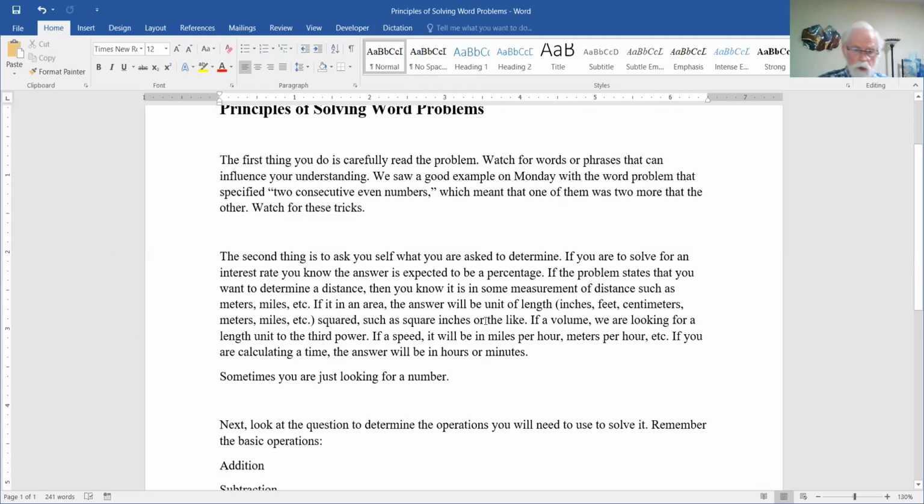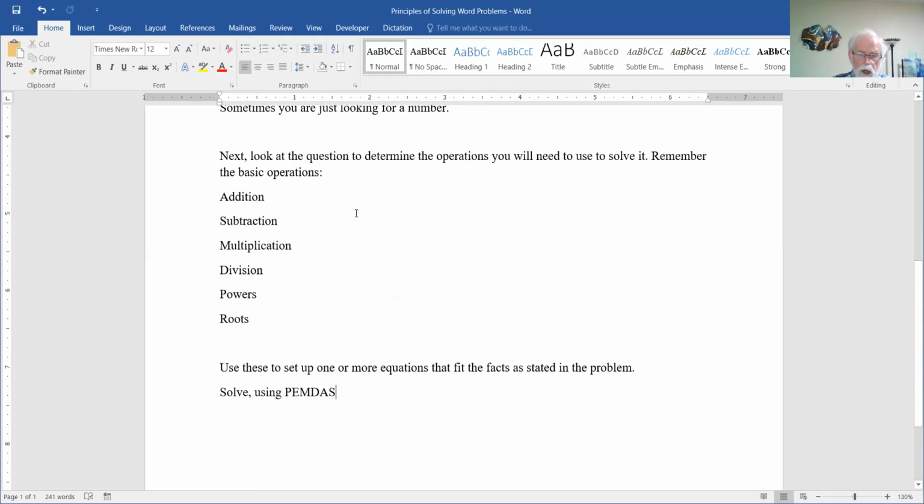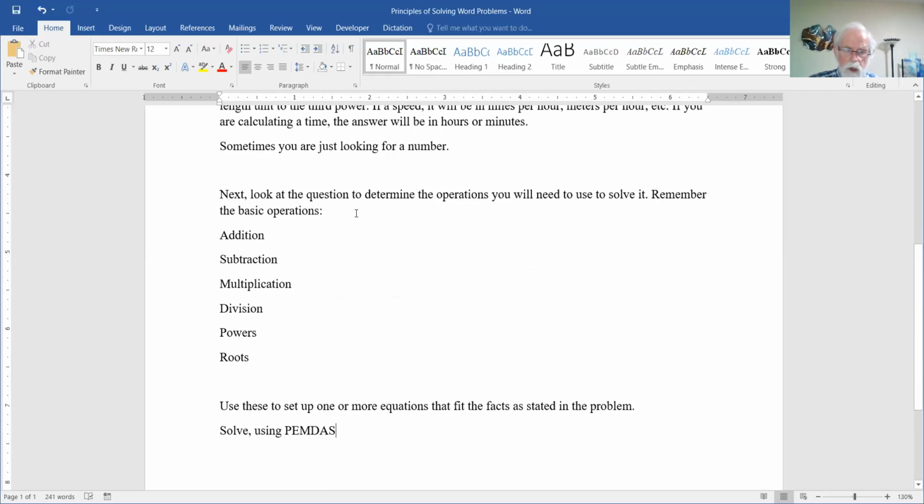So sometimes you're only looking for a number. That's okay. That problem with the 2 consecutive even numbers was exactly that. All we want is a number, no units, nothing else. So next, look at the question and determine what kinds of mathematical operations you're going to need to solve it.